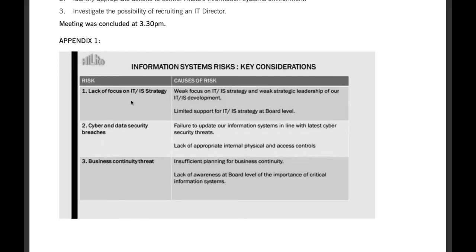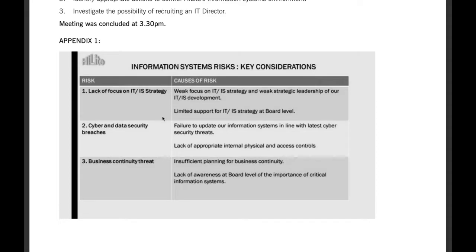accompanying notes for the next board meeting, assessing the potential outcome of each of the information system risks identified. So basically these 3 have already been identified, so 1 slide for each of these. And then you need to assess the potential outcomes of each of these information system risks. What would be the potential outcomes?